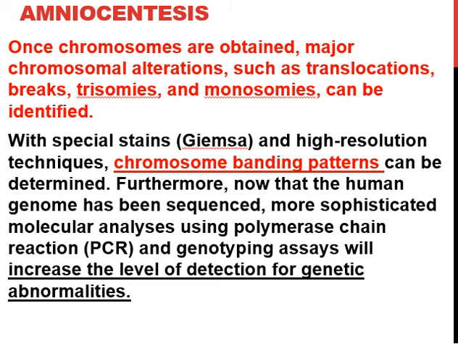Once chromosomes are obtained, we can see these abnormalities, as well as with special stains, we can have chromosome banding pattern, and we can have the human genome sequence, and we can increase the level of detection for genetic abnormalities.